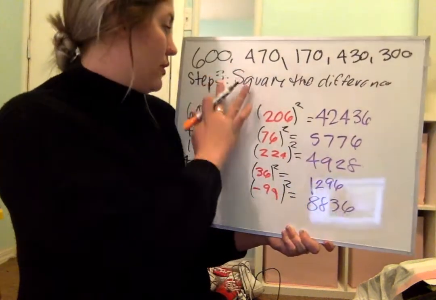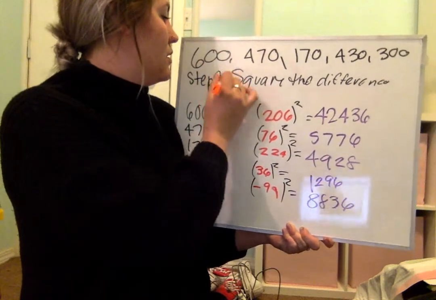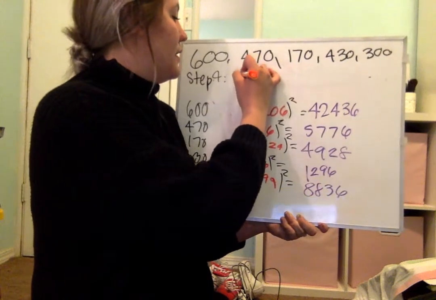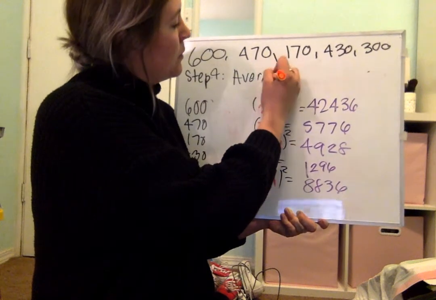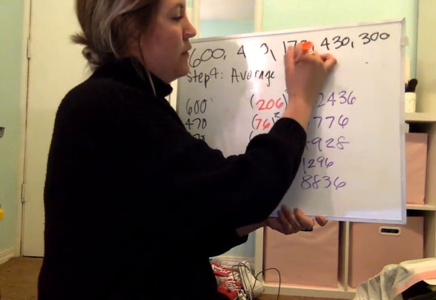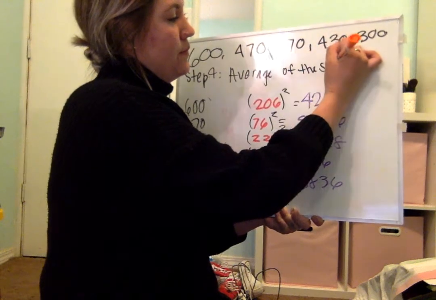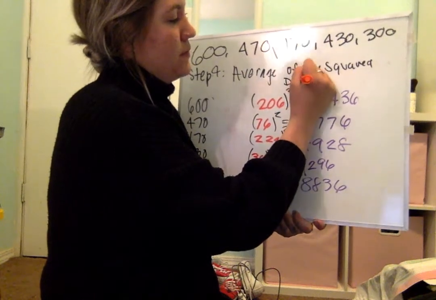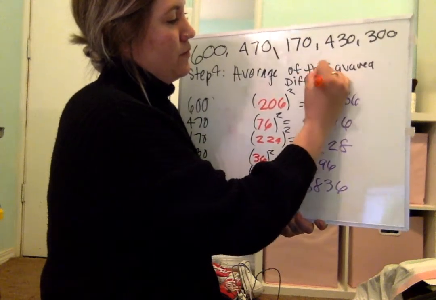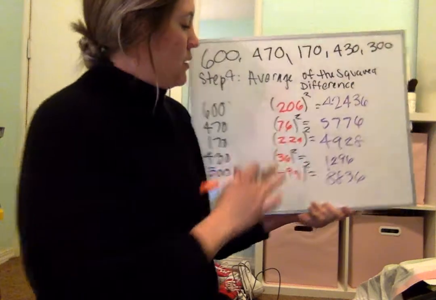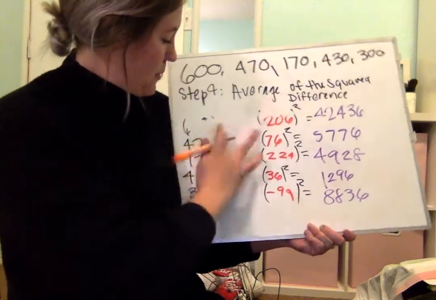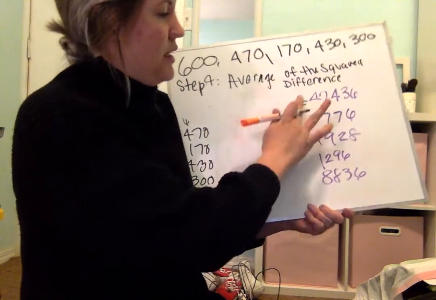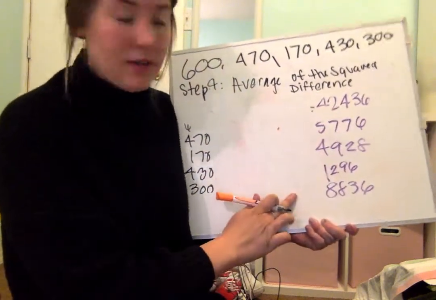Now, step 4 is to find the average of the squared differences. So now we're going to find the average of these 5 numbers.